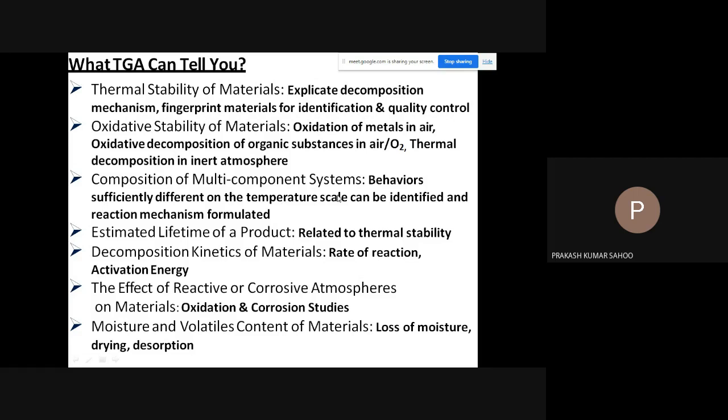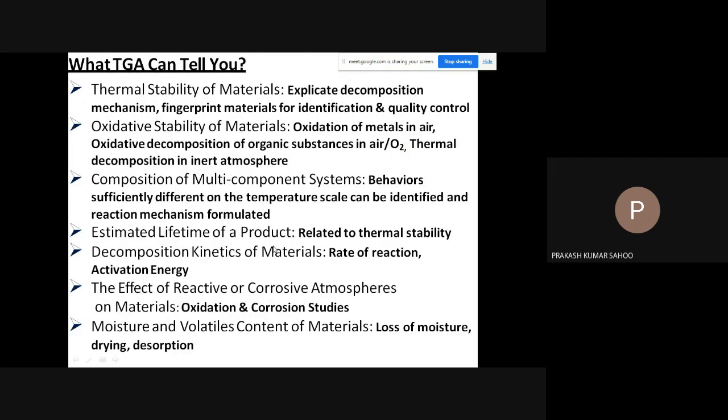Composition of multi-component systems. Multi-component system means it is just like a mixture. When I mix calcium carbonate with magnesium oxide, let us say, then we have a two-component mixture, and this multi-component system can be analyzed by its composition.